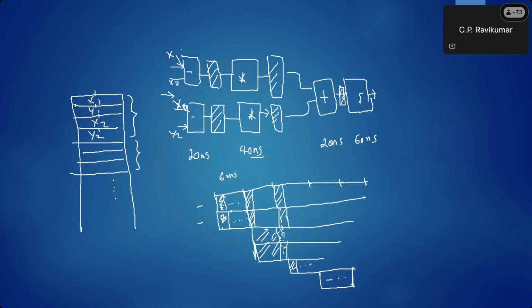So if we have 16 nanosecond clock, frankly speaking, this could have done 3 of these additions and keep them in a buffer of size 3. And similarly, this could have kept it in a buffer of size 2 and things like that. Okay.